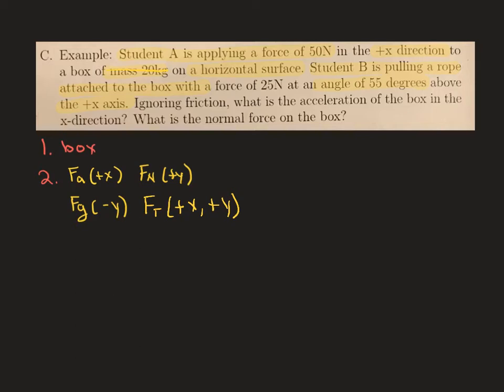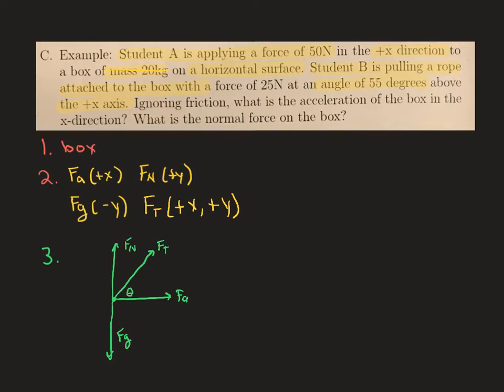Alright, so step 3 here is going to be to draw a free body diagram. So we have force normal in the positive y, force due to gravity in the negative y. We have a force applied in the positive x, and then we have a force due to tension in this first quadrant.